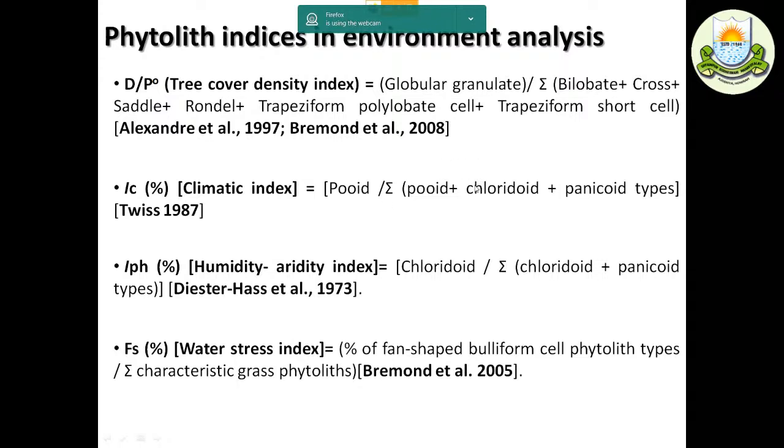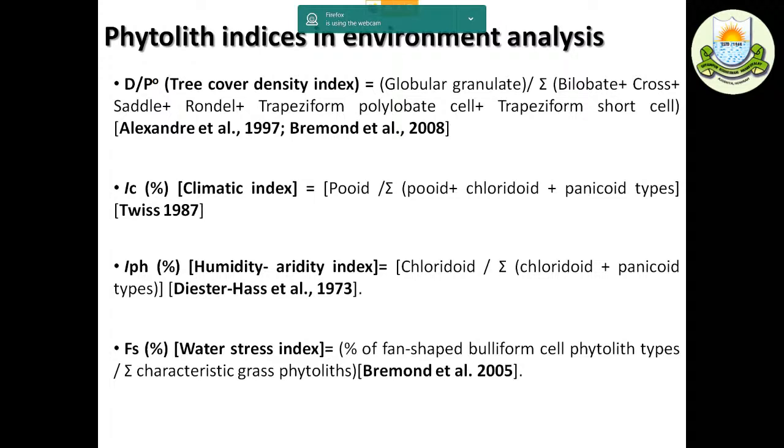Now come to, till now I was talking about the phytolith assemblages, how these phytolith assemblages can help us reconstruct vegetation as well as climatic condition. But in that case, we involved both long cell and short cell morphotypes.